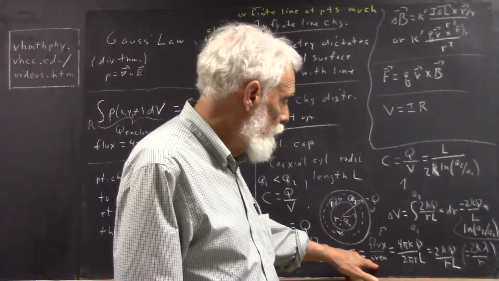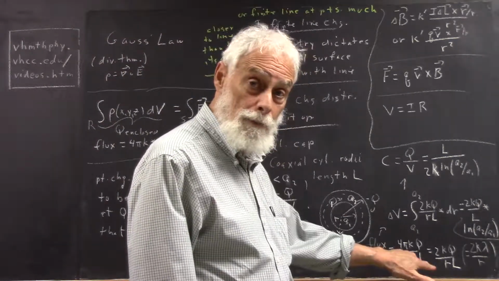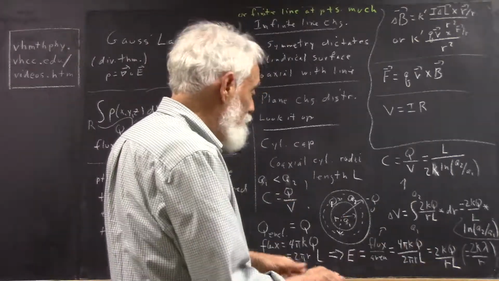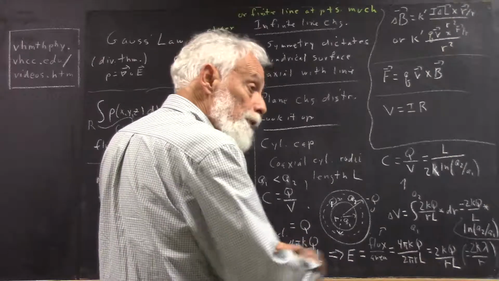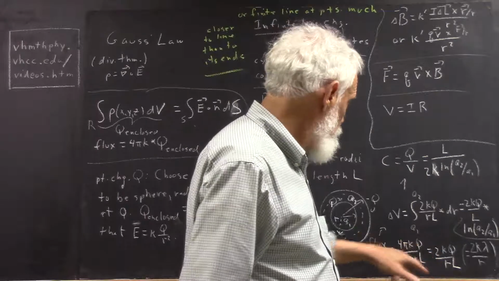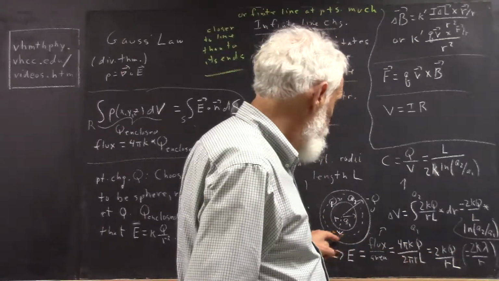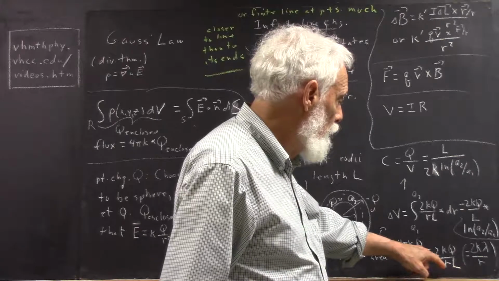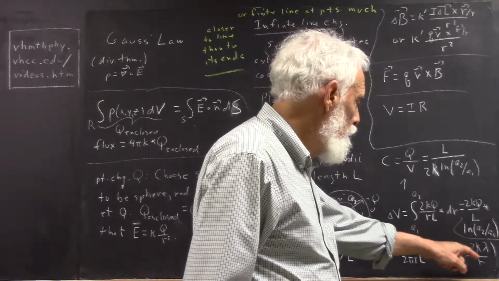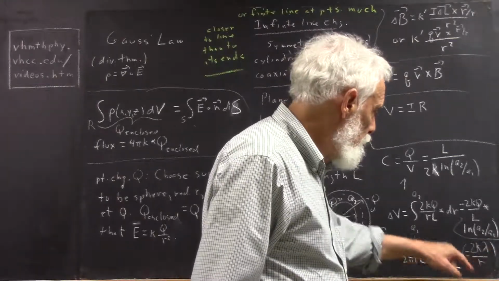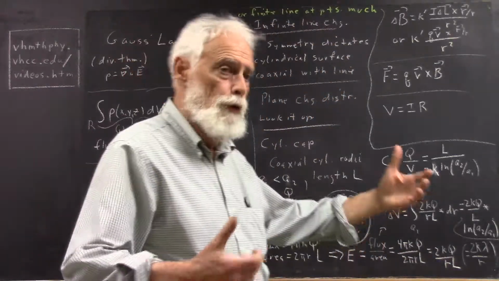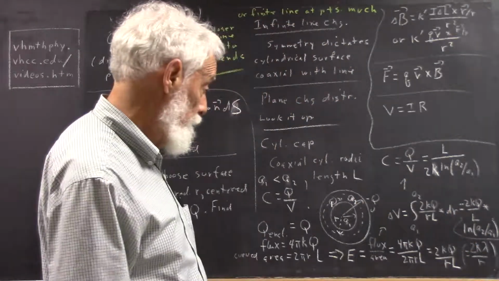The curved area is 2 pi rL, the area you would get if you sliced this thing and laid it open. It would have dimensions equal to the circumference times the length. You find that the electric field in between, at distance r, is 2kq over rL, which we can write as 2k lambda over r, where lambda is q over L, the charge per unit length, measured in coulombs per meter if you use SI units.